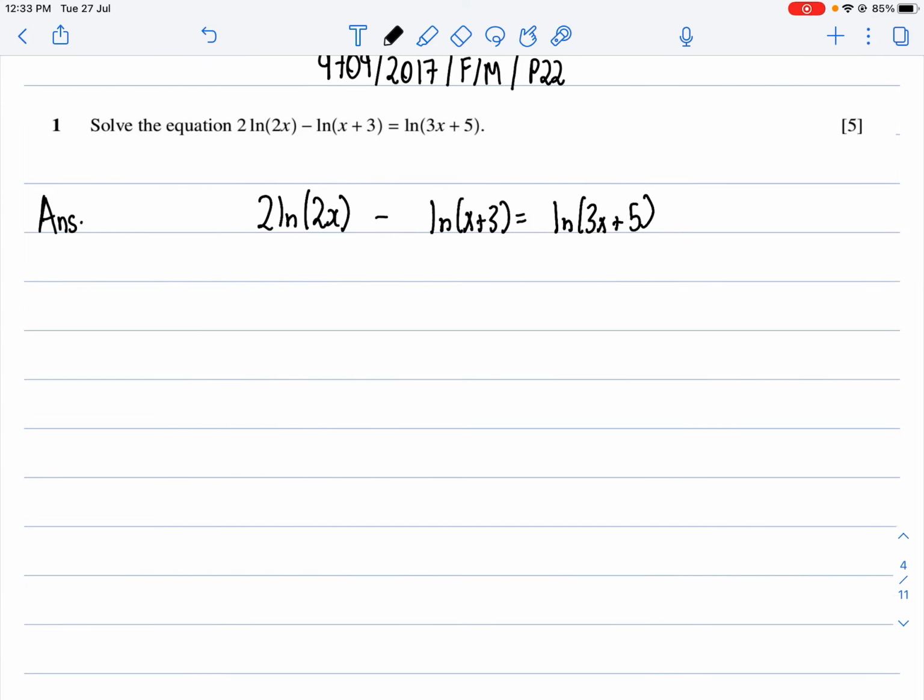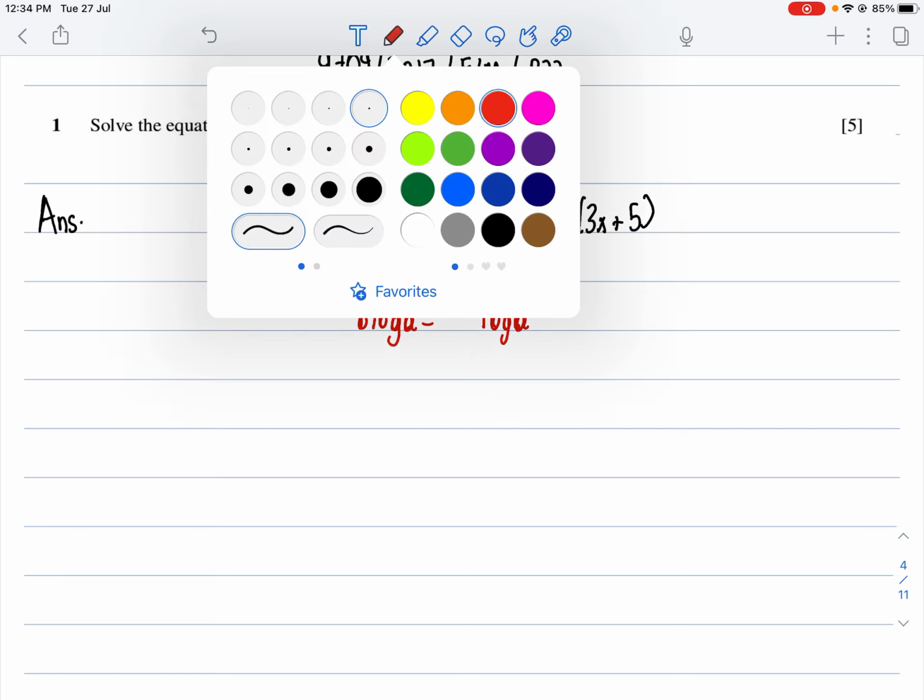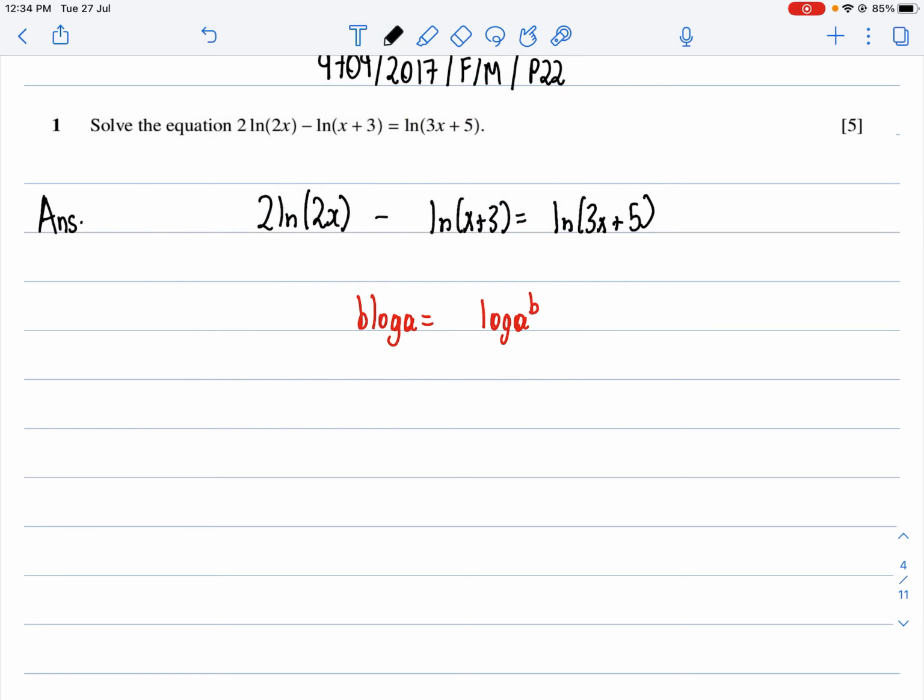Correct? So the first property which I can use here is that b log a is equal to log a raised to b. Correct? So I can simply write this as ln 2x raised to 2. Correct?